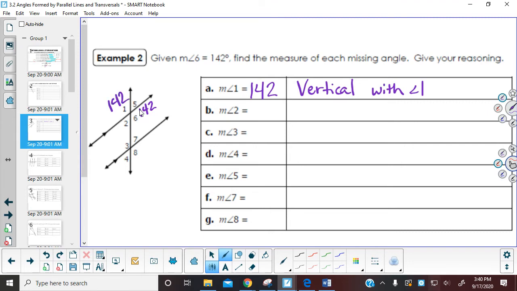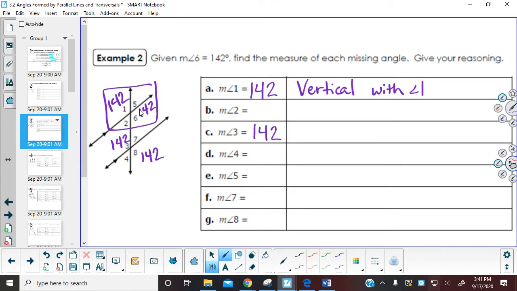And then what I would recommend is taking this idea, what we did before, as far as this intersection, that intersection is going to be repeated. So right now we have 142 degrees in the upper left and in the lower right. And so when I come down here, we have 142 in the upper left and in the lower right. And here's the thing, I'm going to go ahead and fill these numbers in.